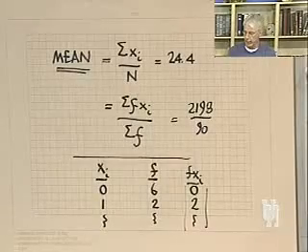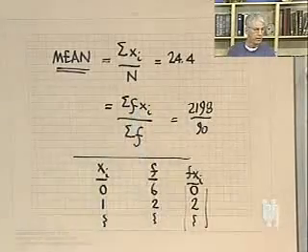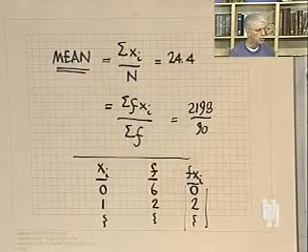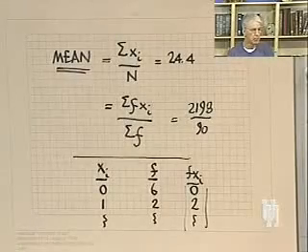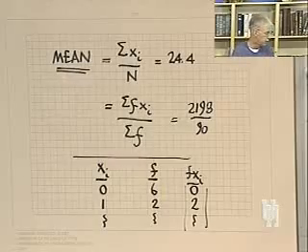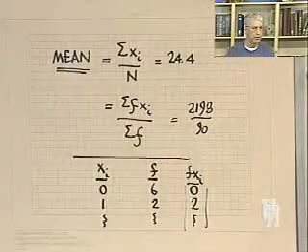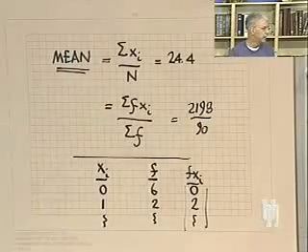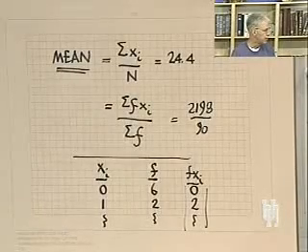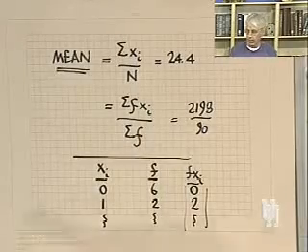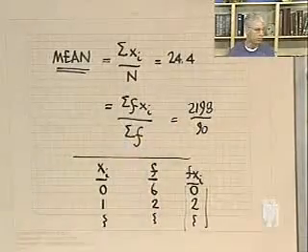What you should understand is that if you're dealing with a few scores, not 90 scores, but let's say 10 original scores, it probably doesn't matter whether you add those 10 scores together and divide by 10, or whether you construct a frequency distribution and compute the mean in this alternative way.